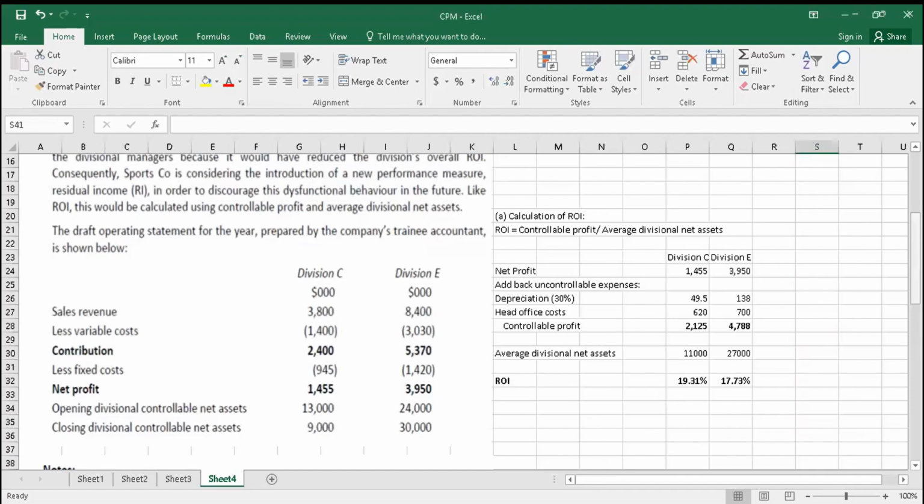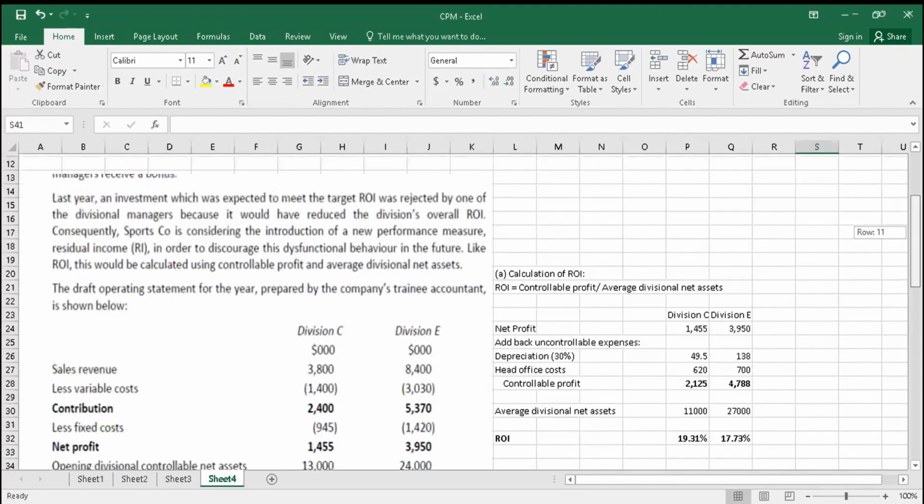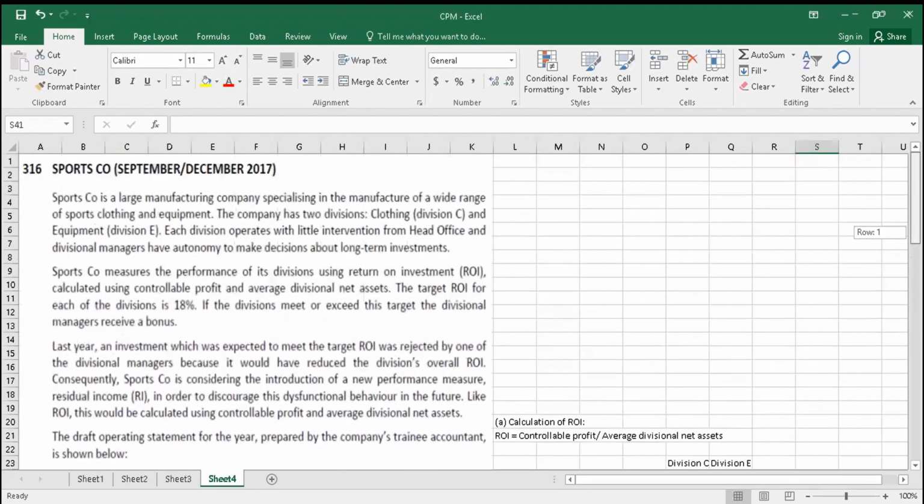Let's look at the nature of activity carried on in each of the divisions, because with such a small set of information, we may not address this question. So let's get into the intricacies of the nature of each department and what they are into. First division is the clothing division, second division is the equipment division.